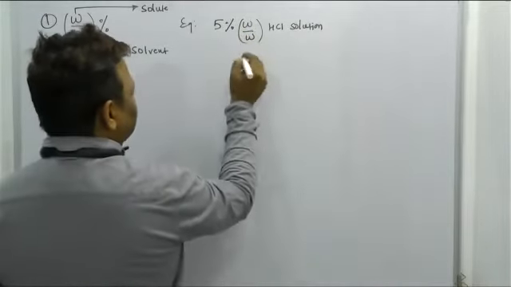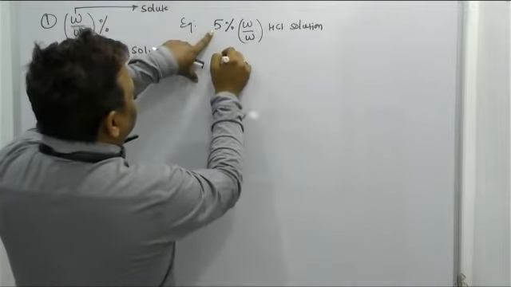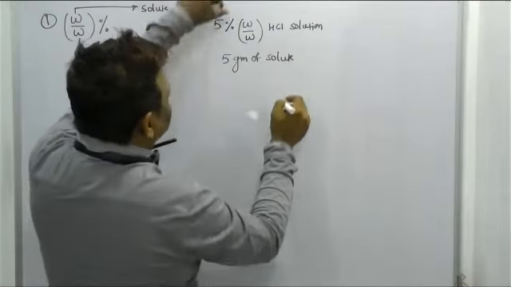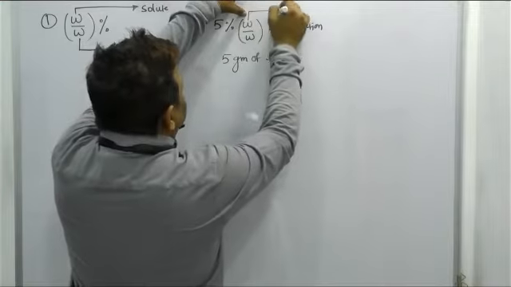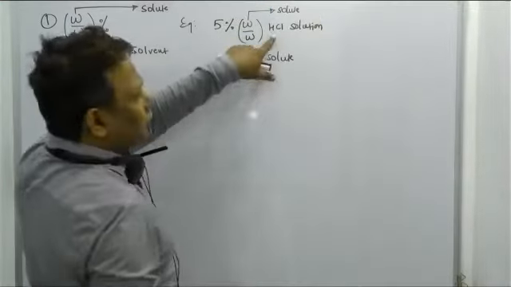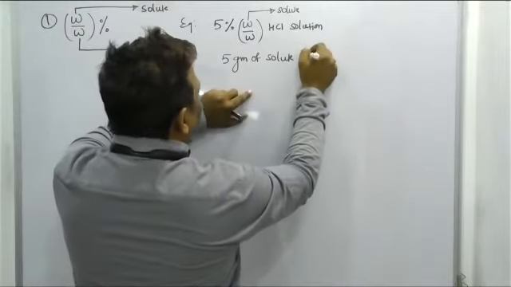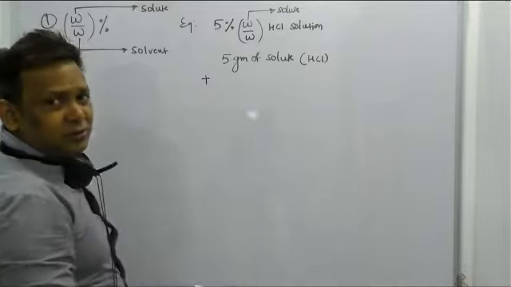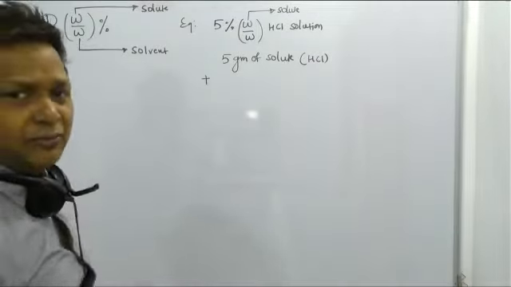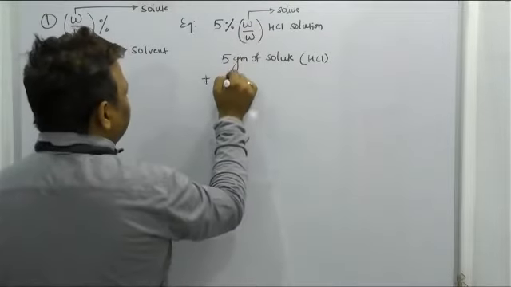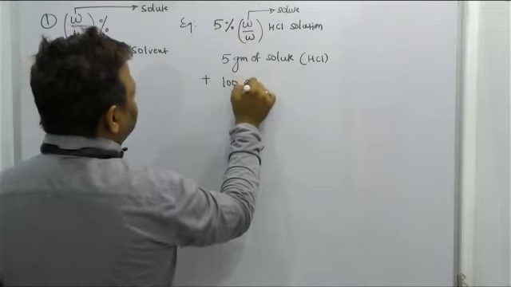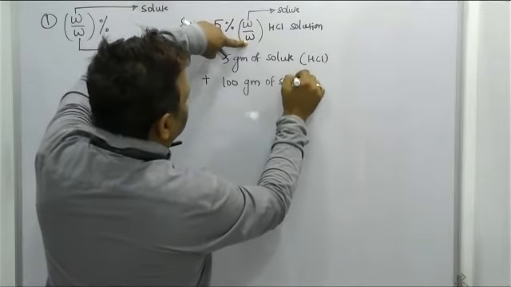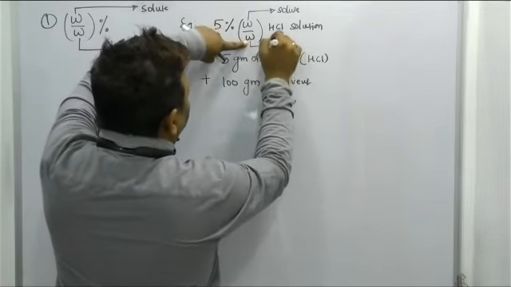A 5% W by W HCl solution means this 5 indicates 5 gram of solute. Because what does this W indicate, beta? This W is the solute. And what is the solute you are having? HCl. So 5 gram of solute, that is HCl, is dissolved in what? The other percentage means I should write 100, then we'll make it gram. This gram in the denominator W will indicate what, beta?